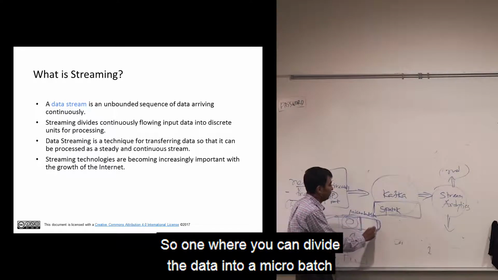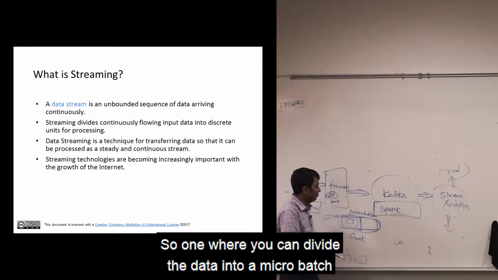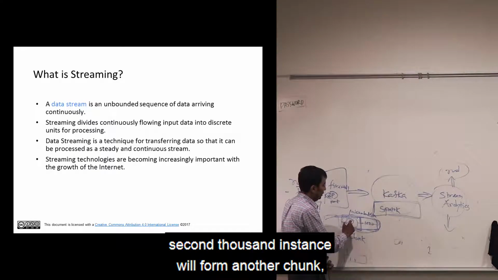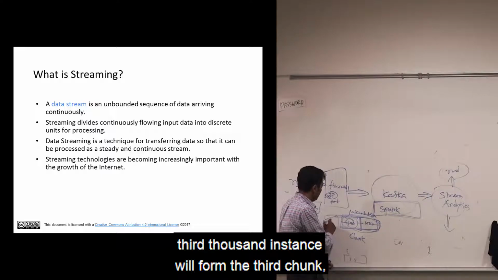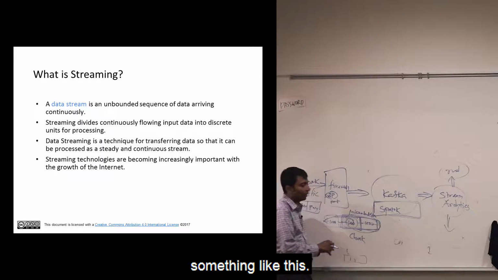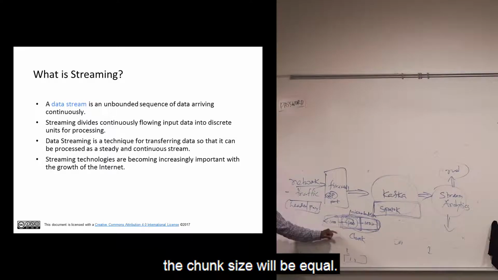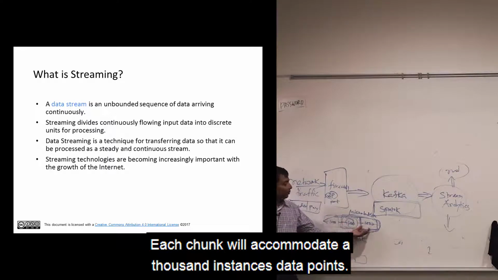So first 1,000 instances will form one chunk, the second 1,000 instances will form another chunk, the next 1,000 instances will form the third chunk, something like this. With this type of instance count control, the chunk size will be equal. Each chunk will accommodate 1,000 instances, data points.